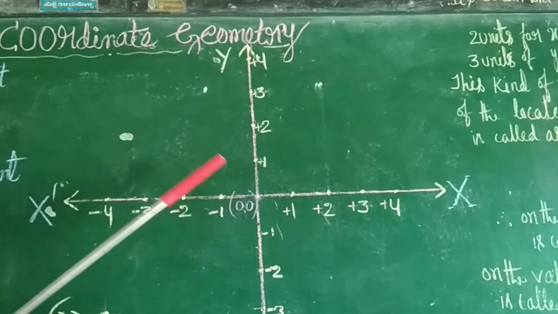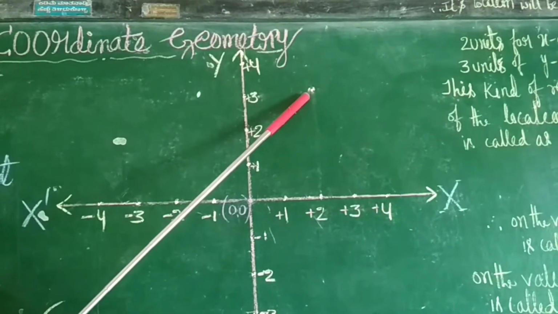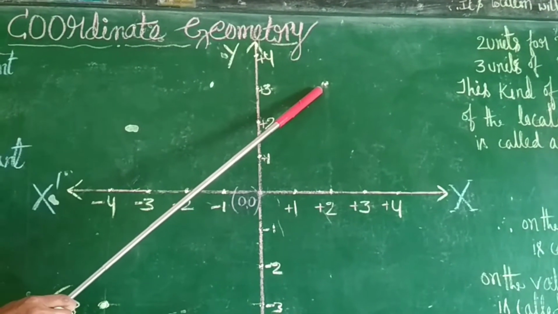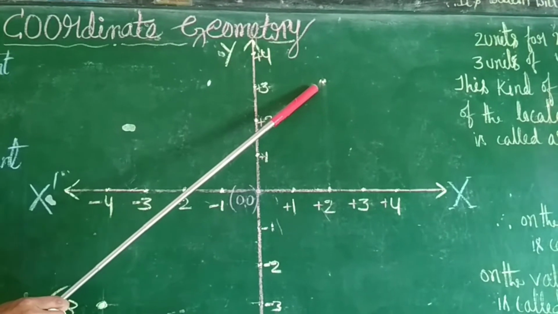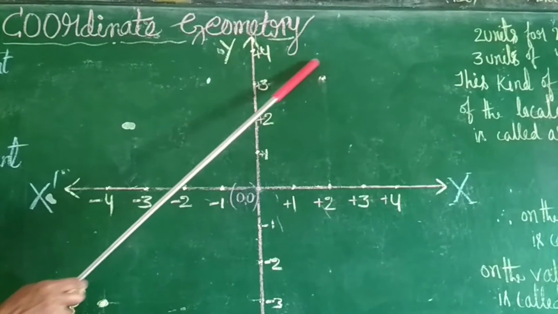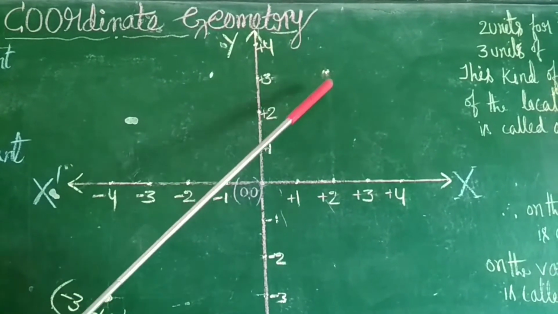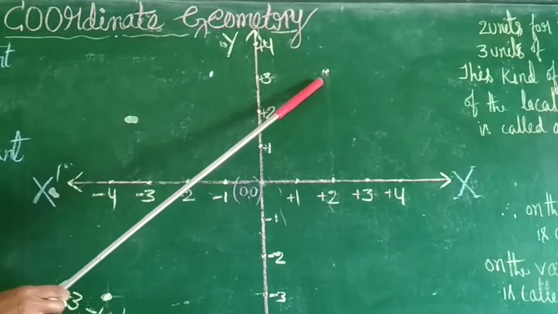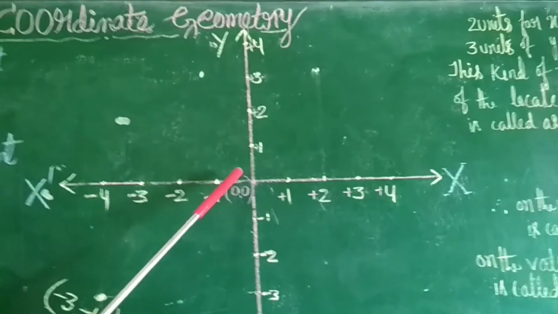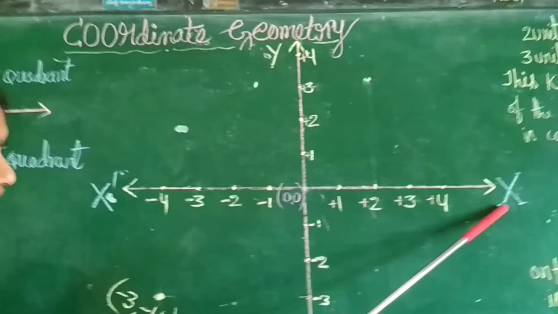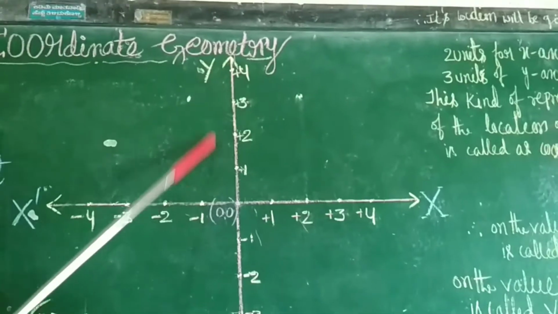For example, here is a point. I want the location of this point. For finding the location, we require some reference. So, I will take reference of the x-axis and y-axis.